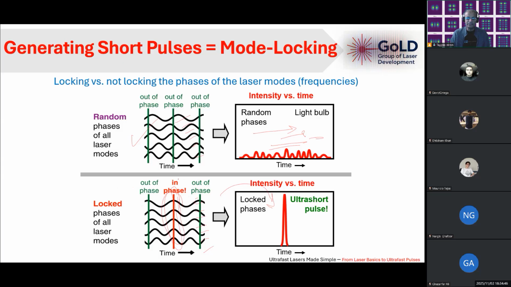When this is not locked, there are so many modes, like in case of a bulb light or any other laser, but you don't get the pulse. You just get random noise or maybe a simple spectrum. But when something is locked here, then you get this ultra short pulse. Remember this.